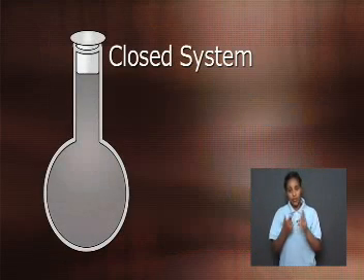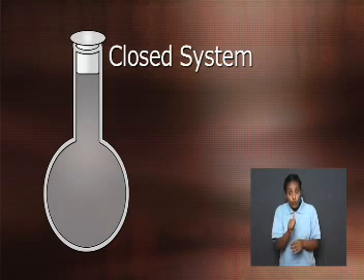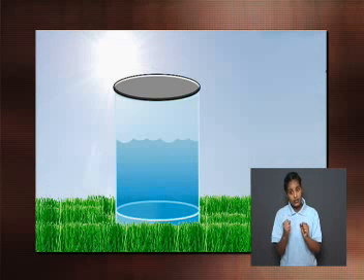The second is a closed system. It can transfer energy, but not mass, across its boundary with its surroundings. We can use our example of a glass of water again, but this time, imagine that the glass has a lid.